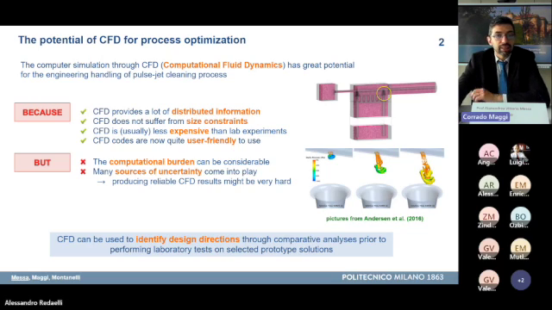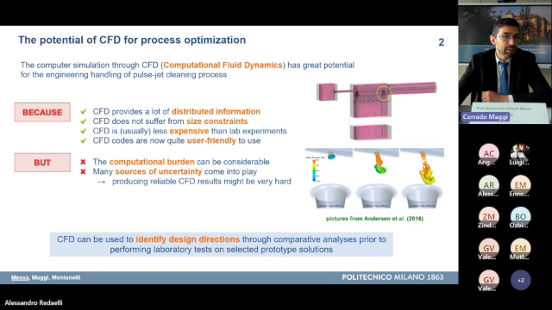And last but not least, we can say that commercial CFD codes are nowadays quite straightforward and intuitive to use, in the sense that even if one does not have strong expertise in fluid mechanics or computational fluid mechanics, he or she should be able to obtain quite easily a qualitatively plausible solution. But the story is completely different if one wants to have quantitatively meaningful results, because this requires a lot of expertise and knowledge and precise protocols to follow.